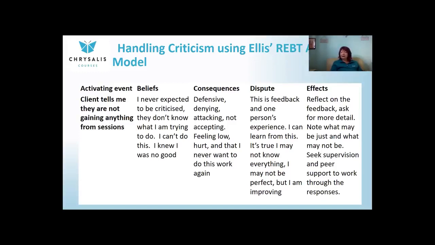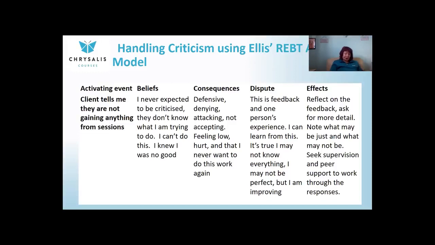Do you need to have them in the current situation? And then we need to dispute these beliefs and these thoughts. So it's really useful. And CBT approaches are slightly different to other approaches in that they really focus on the client taking responsibility for their own responses, and that can't be a bad thing.